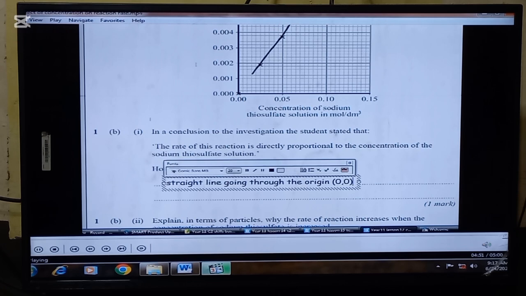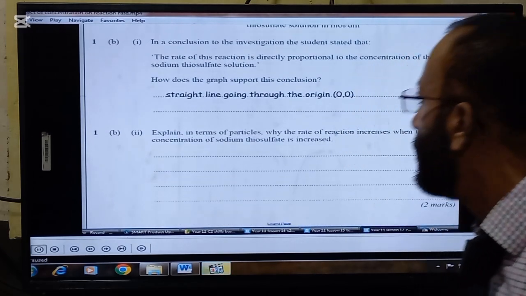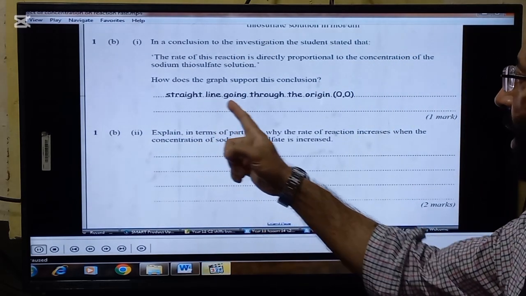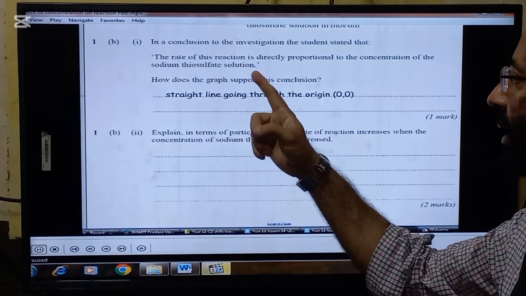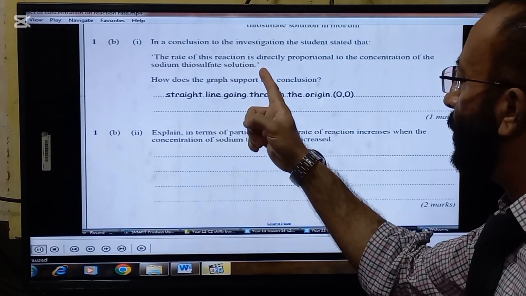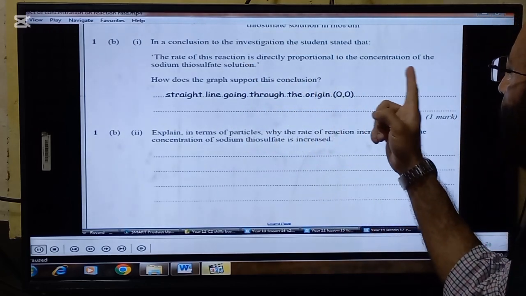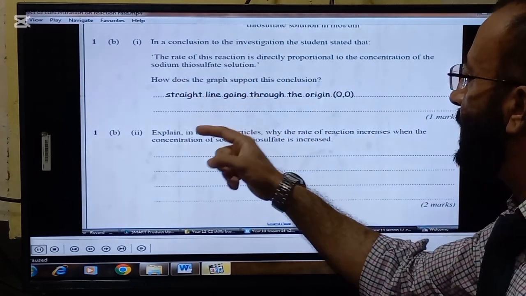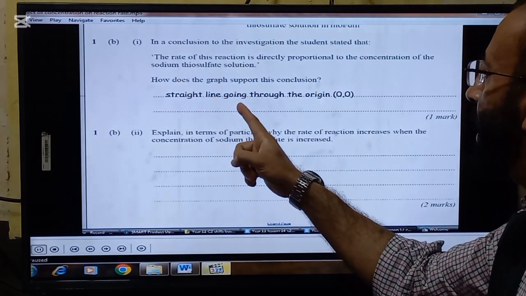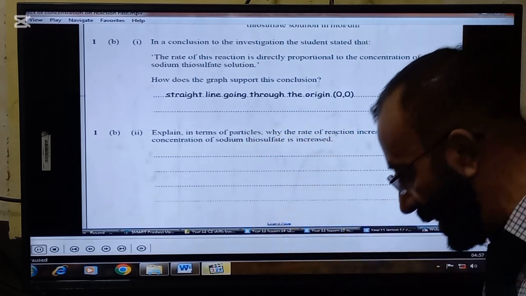And then the great favourite, explain in terms of particles what's happening, and you use what we just. So look now, you will write this answer that will support this question, that the rate of the reaction is directly proportional to the concentration of the reactants because of the straight line going through the origin. So this is the answer.